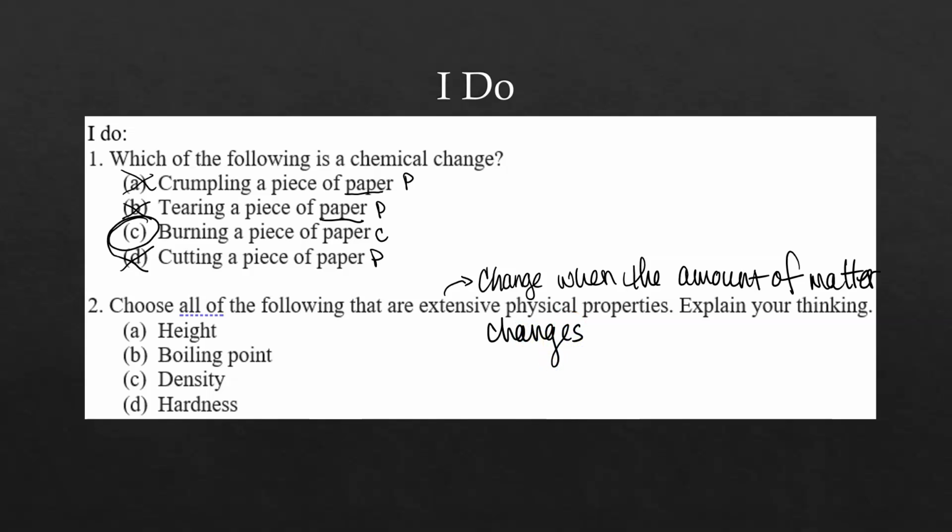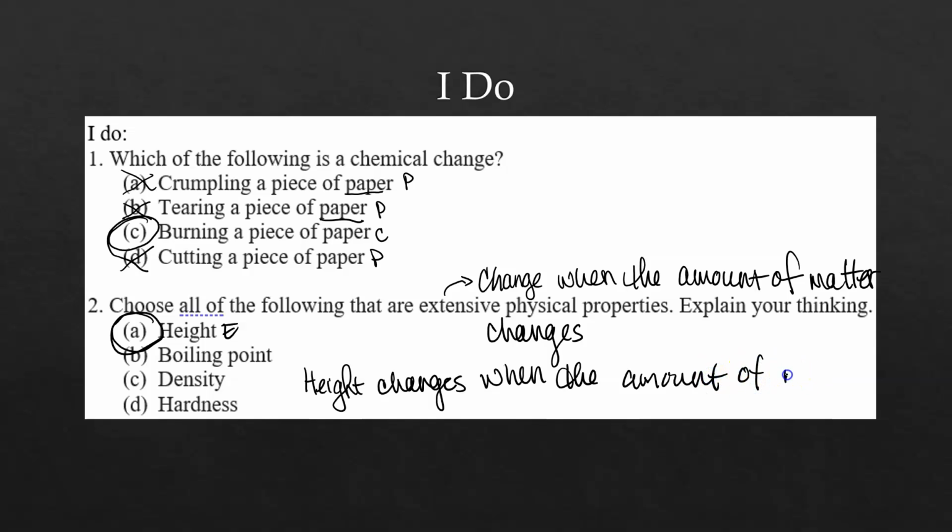Okay, so height, if something gets taller or shorter, that is a change due to the amount of matter in that substance. So yes, that is extensive, right? Because height can change when the amount of matter changes.